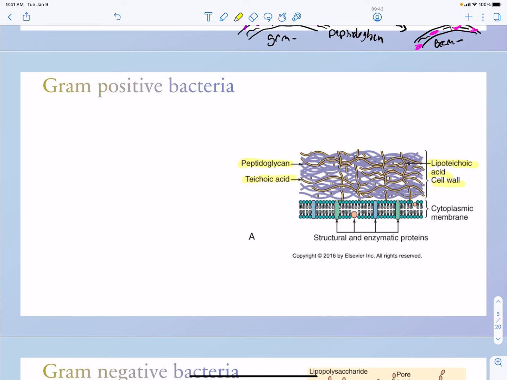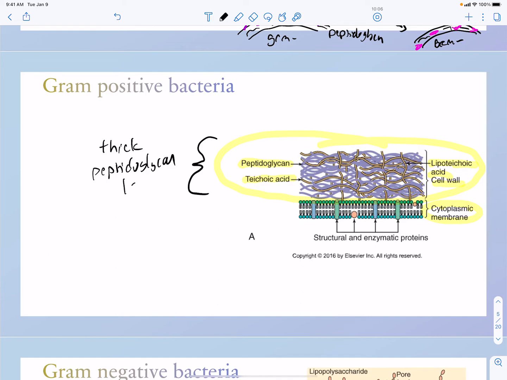Your gram-positive bacteria are going to have one cytoplasmic membrane, and then all of these exterior properties are outside of that membrane, bound to that membrane. Gram-positive bacteria are said to have a thick peptidoglycan layer. But it's important they only have one membrane.